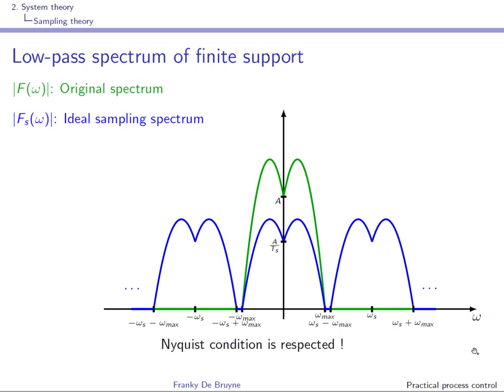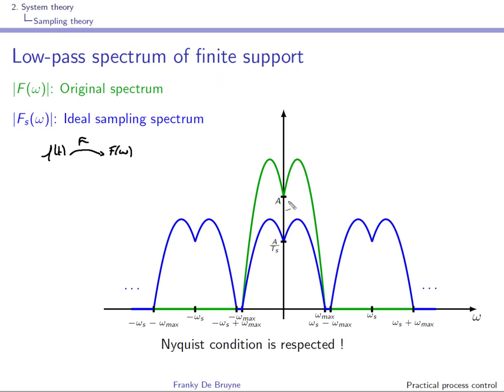In this course we are going to use sampling, and of course therefore you have to know the sampling theorem and the associated Nyquist condition. So the idea is as follows: we have a signal f(t) and its Fourier transform yields F(omega), and if you look at the amplitude spectrum you can see that this signal has a low pass spectrum of finite support.